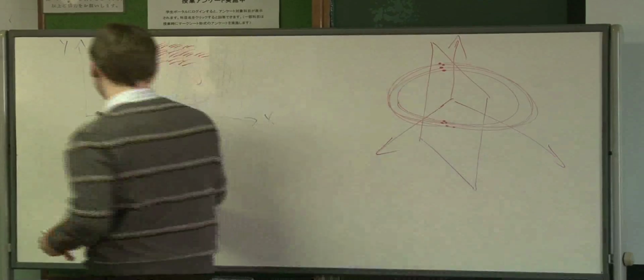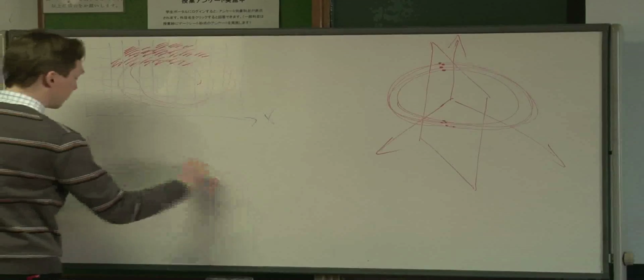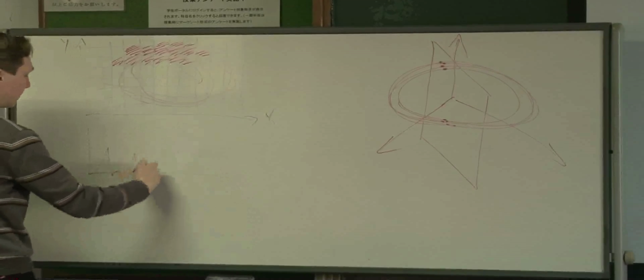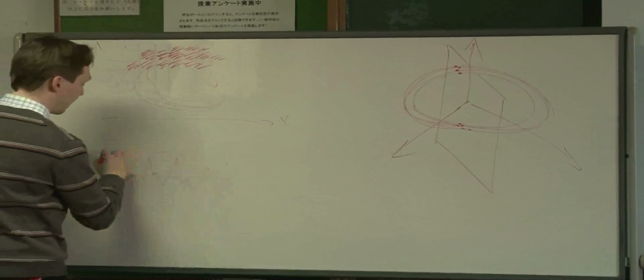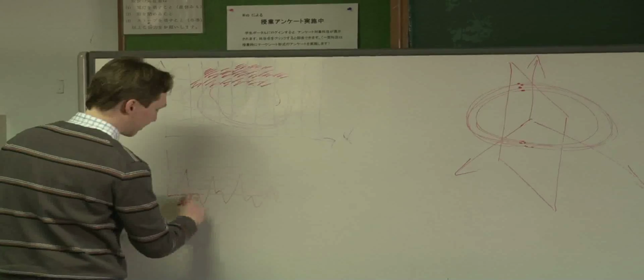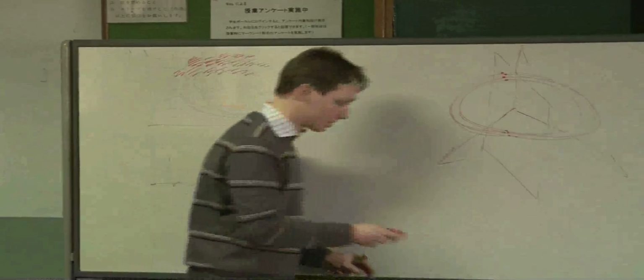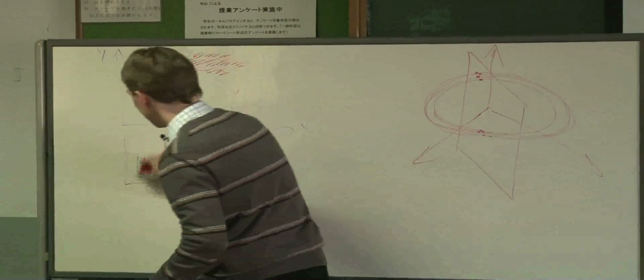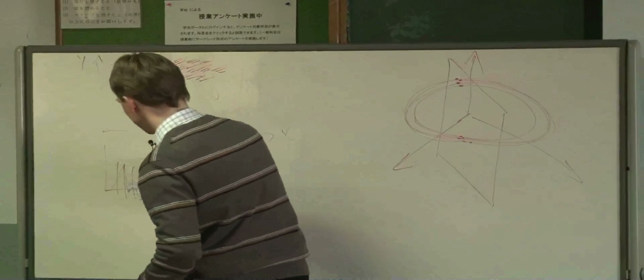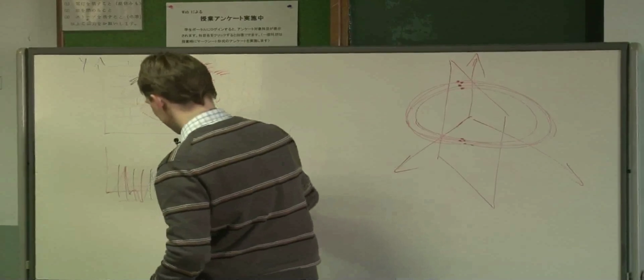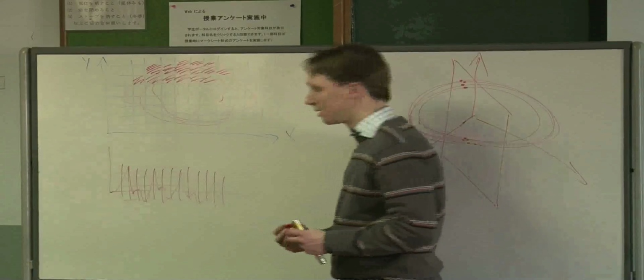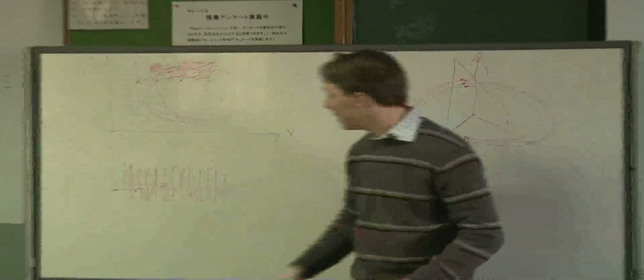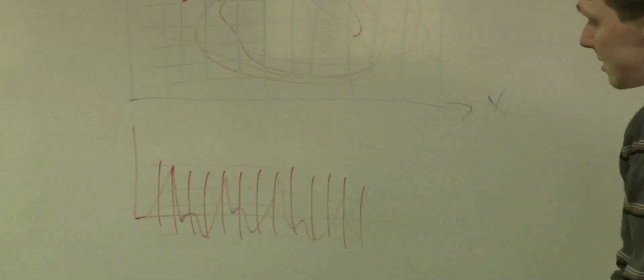Yes, so what you can in principle do is, if this is your time series, do this decomposition into boxes and count how many boxes you need in dependence on their size.